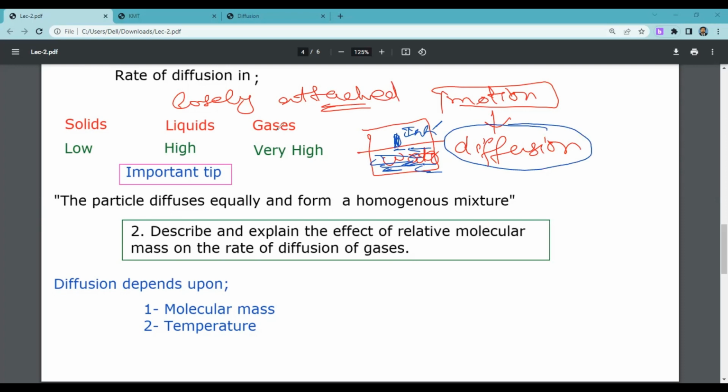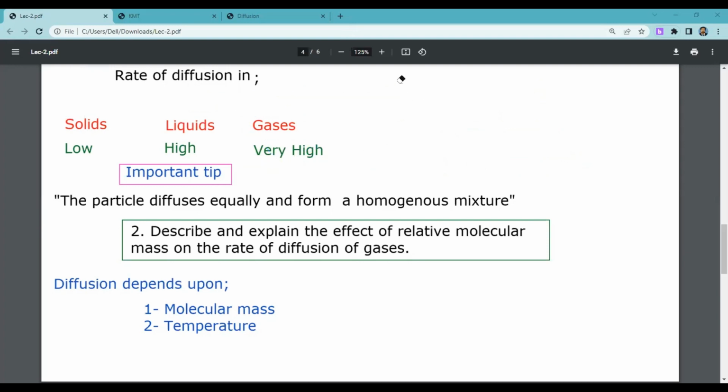The third state of matter is gases. In gases, the rate of diffusion is very high. Here I am giving you a very important tip which will help you in solving Paper 1 questions.